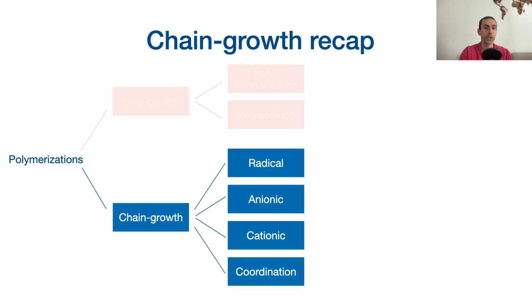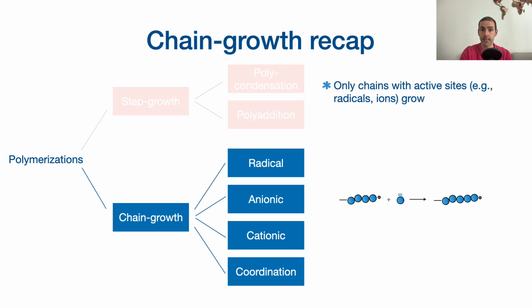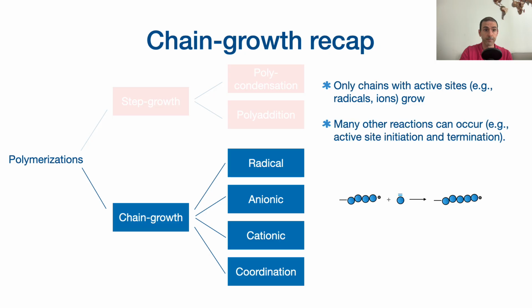What about chain growth? Again, let us start with a recap. So only chains with active sites, radicals, ions, grow. Only them, no one else. Many other reactions can occur. For instance, we need the initiation of active sites and their termination occurs as well.